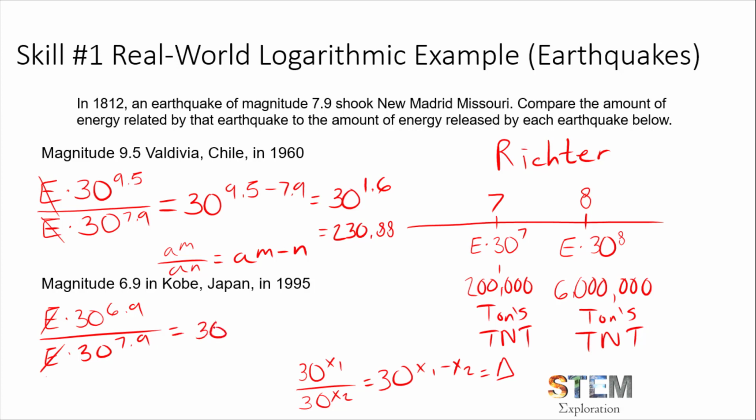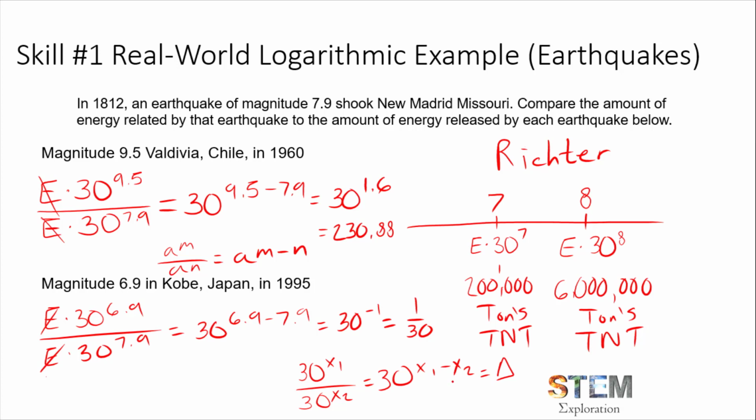And if we look at this, we say 6.9 minus 7.9. And what you're going to notice in this given situation is that's 30 to the negative 1 power. And so the earthquake in Kobe, Japan in 1995 was 1/30th the intensity of the earthquake that took place in New Madrid, Missouri in 1812.